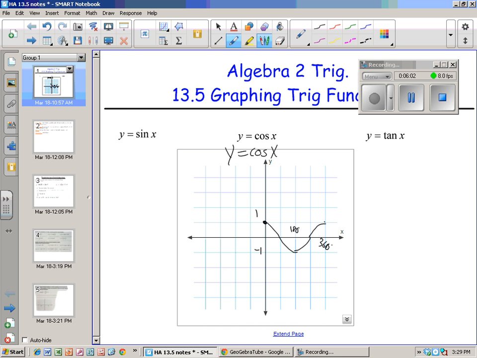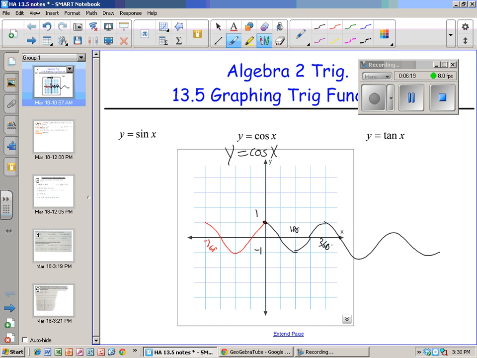This graph also keeps on repeating itself every 360 degrees. The same thing happens with negative angles: down to 0, down to -1, back to 0, back up to 1. This will be at -360 degrees.